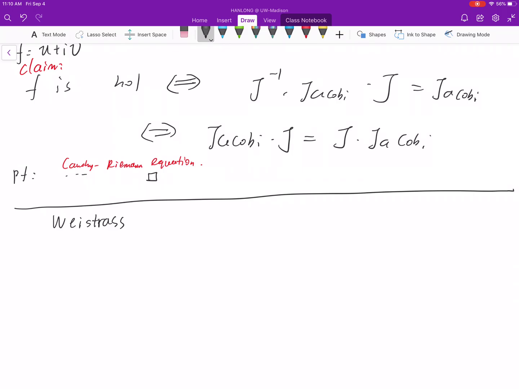That is to say, he viewed the holomorphic function as a power series. So today we will go from one side to the other: if f is a power series convergent in some radius, then f is holomorphic.